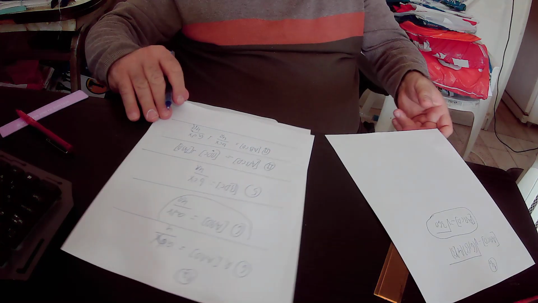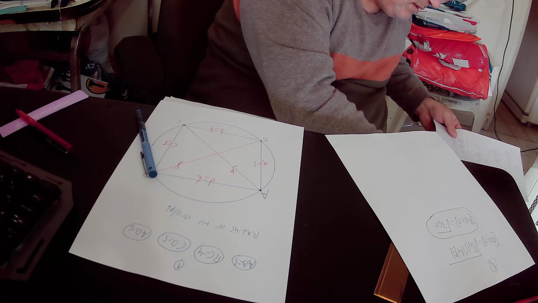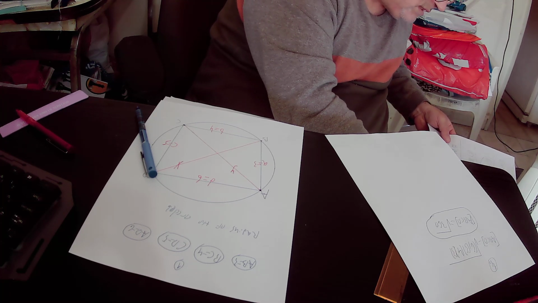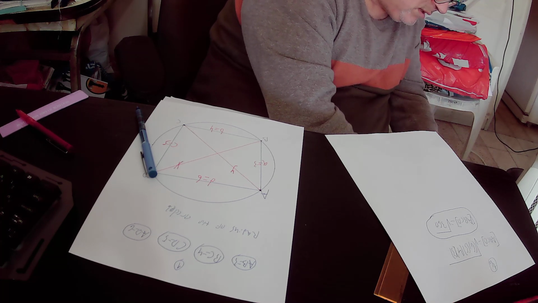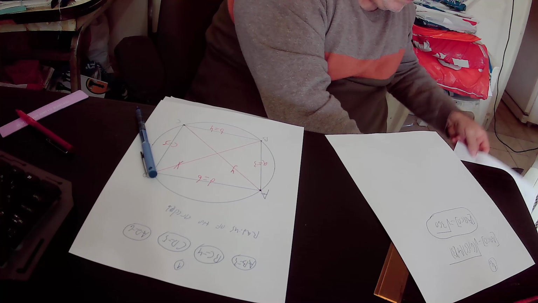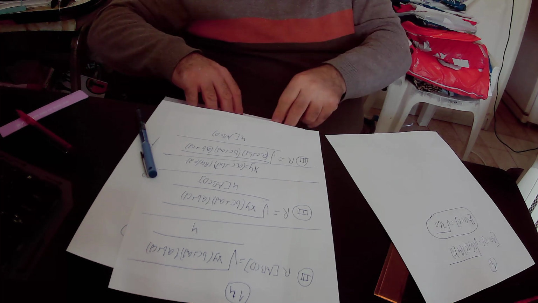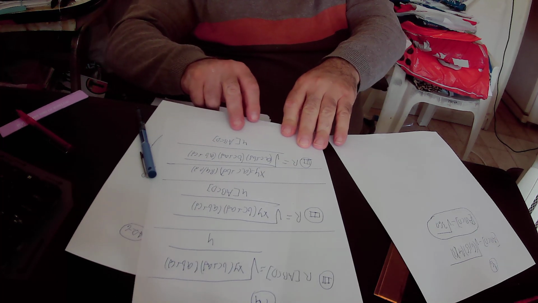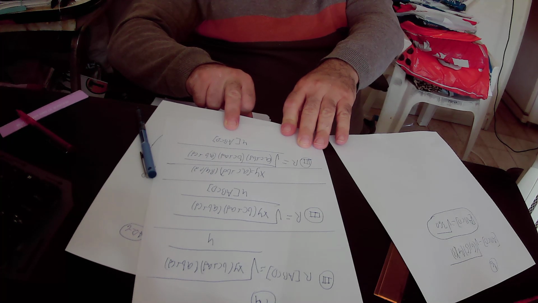Okay, so we'll substitute the area of quadrilateral ABCD that we found in equation number 3 by the root of 360. Here we substitute the area of quadrilateral ABCD by root 360 square units.